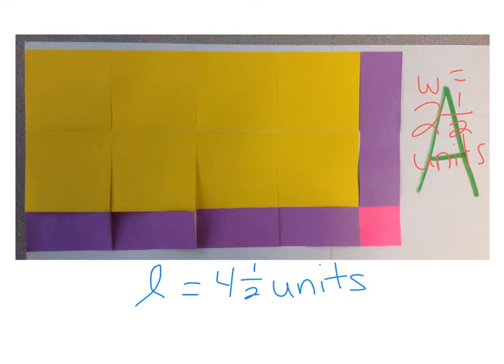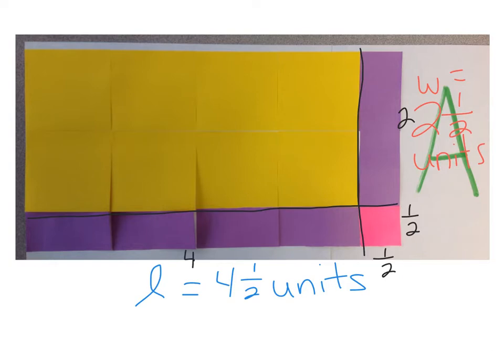My whole number would be 4, and that's through here. And then this little section is 1/2. I'm going to do the same thing with my width. The top section is 2, and this little section is 1/2.